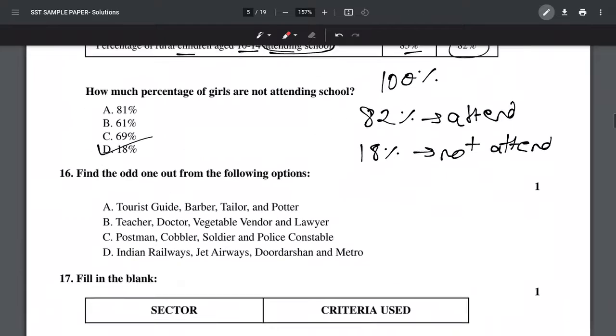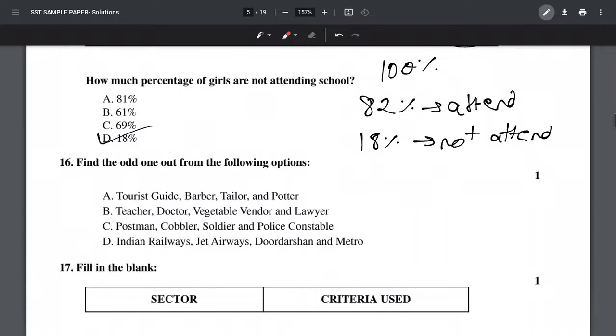Okay, now look over here. You have to find the odd one out here. So first one: tourist guide, barber, tailor, potter. I guess it's based on primary or something. Okay. Teacher, doctor, vegetable vendor, and lawyer. Postman, cobbler, soldier, police constable, and Indian Railways, Jet Airways, Doordarshan, and Metro.